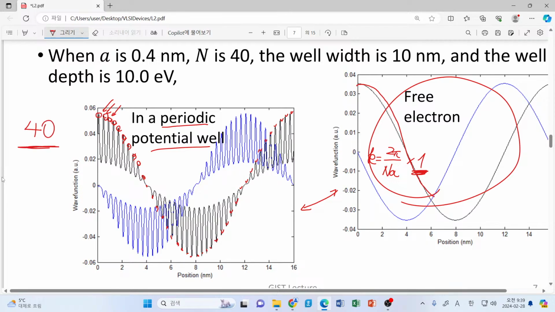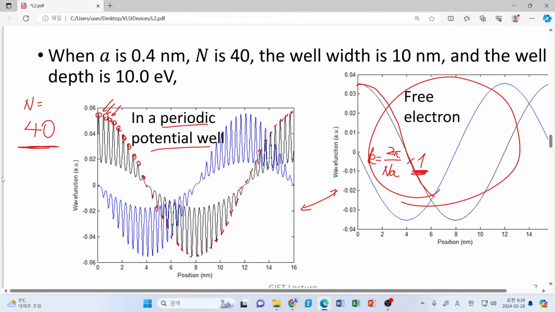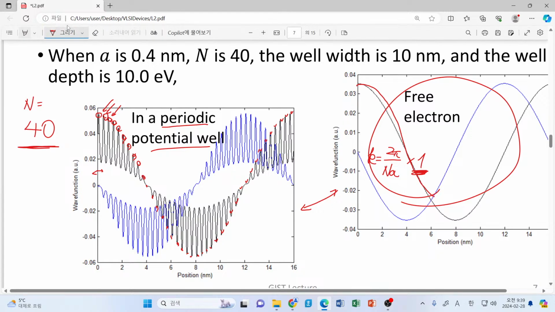And what is number 40? In this example, we have used 40 unit cells to make our entire system. That means this very frequent up and down in real space corresponds to every unit cell transition. So every unit cell has an up and down. But once we collect these peak values, let me just do it.